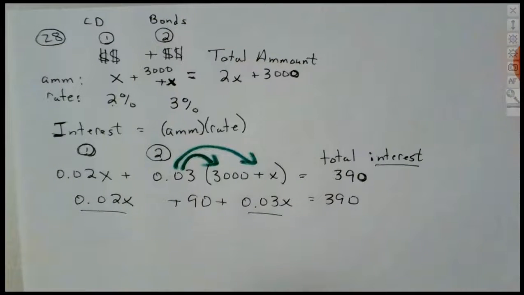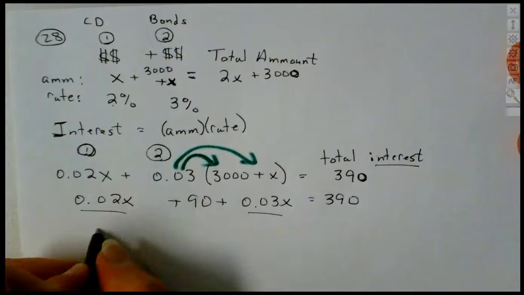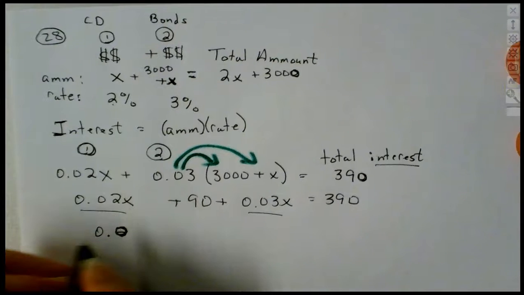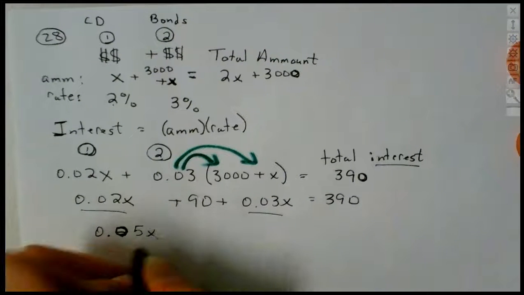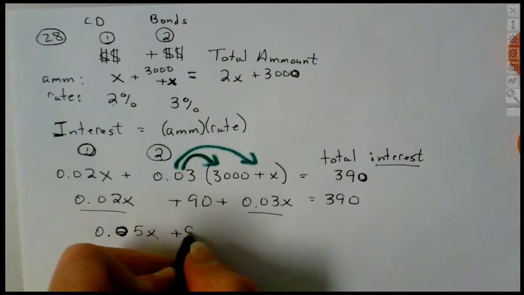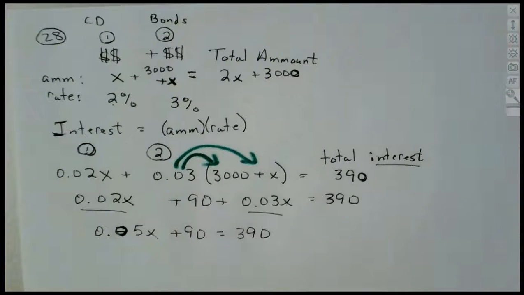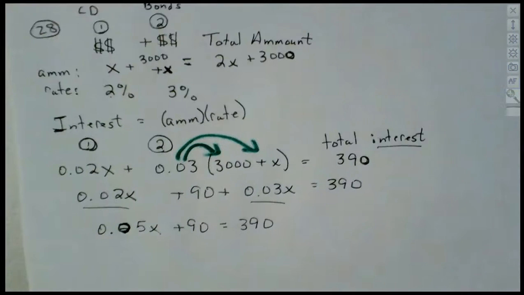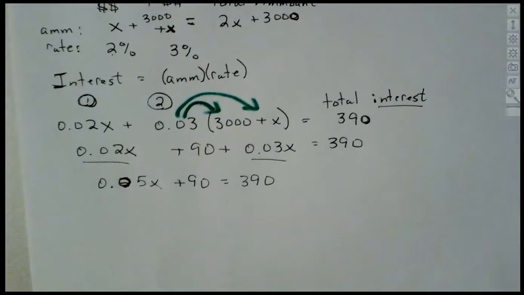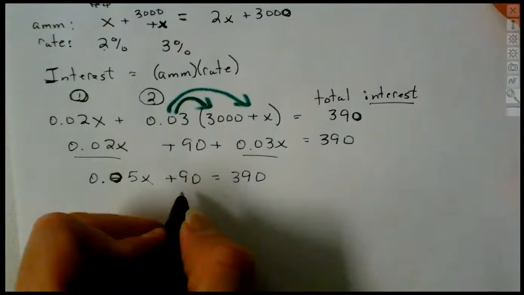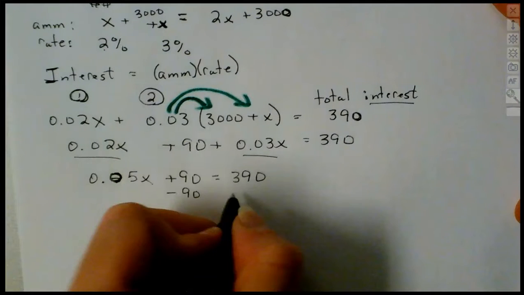Combine before I move things around. So combine those together. And watch your decimals here, 0.05x plus 90. Now equals that 390. Be very, very careful with your decimals. Now we can move that 90 over with subtraction.